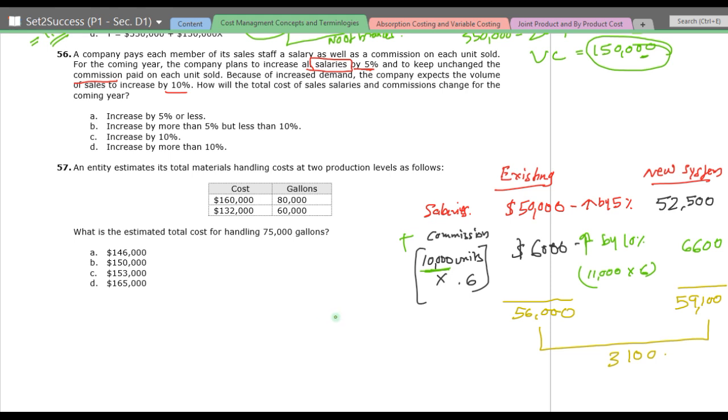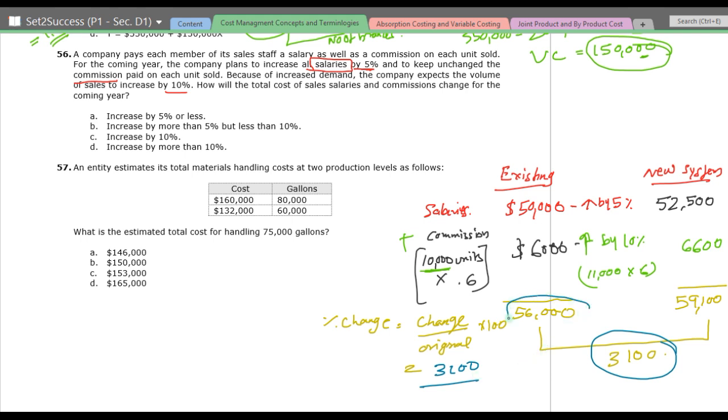So percentage change is equal to change by original into 100. The change is 3,100 and the original is 56,000, into 100, which gives you 5.5%.